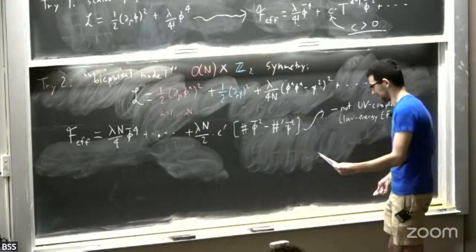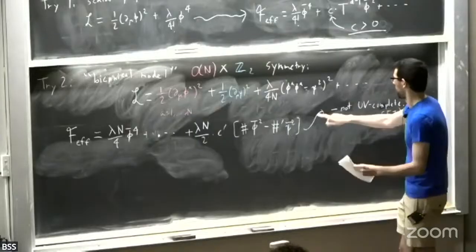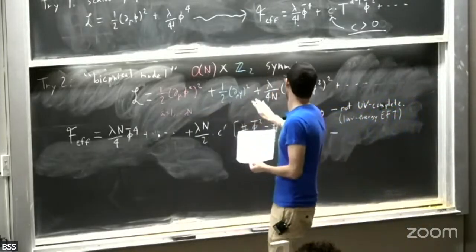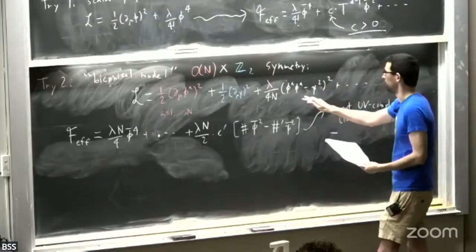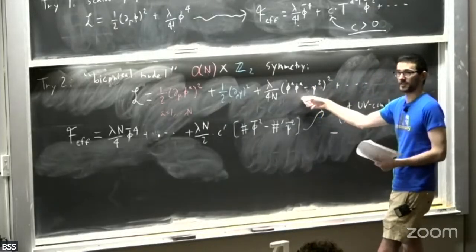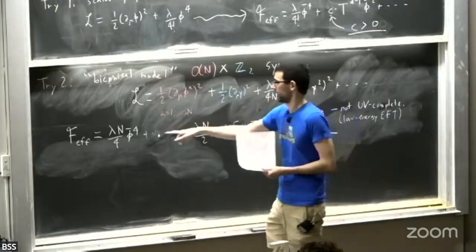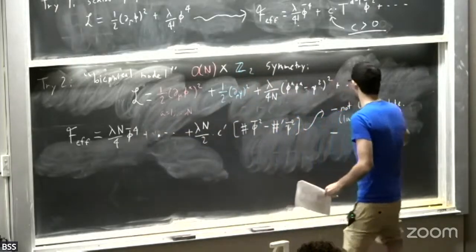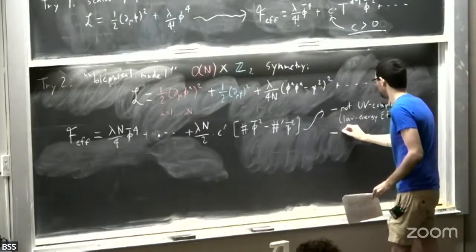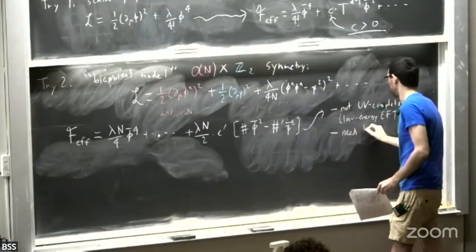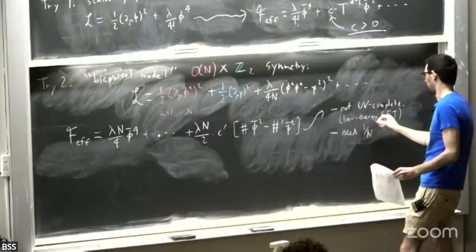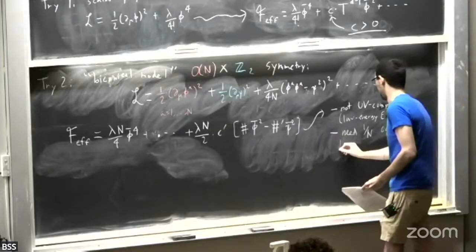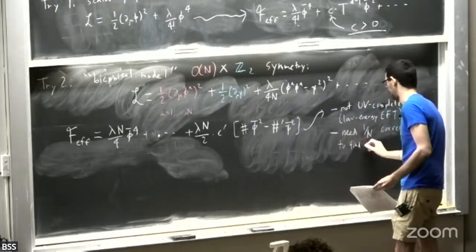Okay, I forgot the second thing I wanted to say here, which is that at least the way I've written down the model here, in this cartoon model, you need to be a little bit careful because it's not obvious what the correct vacuum of the theory is. If you're a little more careful, you notice that you need 1/n corrections to find the true vacuum at t = 0.